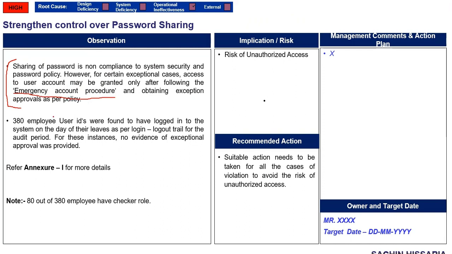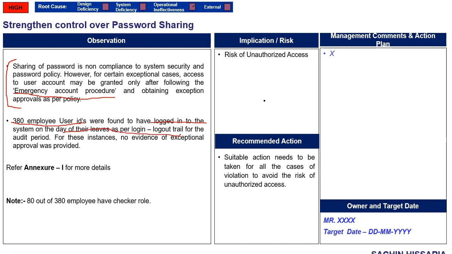When we compared both this data, the attendance record and the login logout history, we noted that 380 employee user IDs had logged in into the system on the day of their leaves as per the login logout trail.